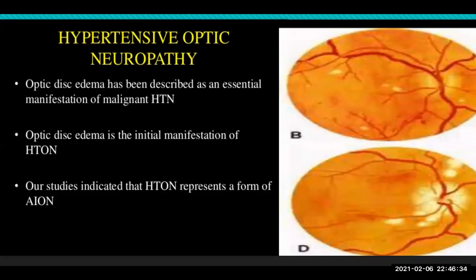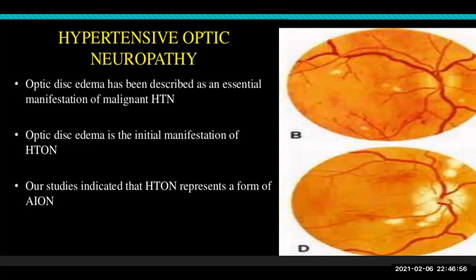Hypertensive optic neuropathy also is not common like the hypertensive retinopathy, but it will be in the form of optic disc edema, which has been described as an essential manifestation of malignant hypertension. It's grade 4 hypertensive retinopathy, and it's one of the signs of malignant hypertension.